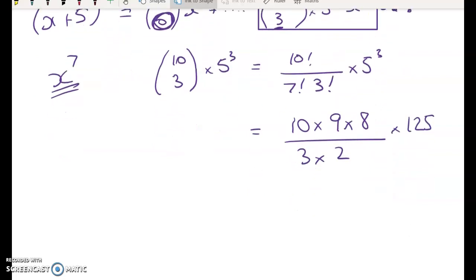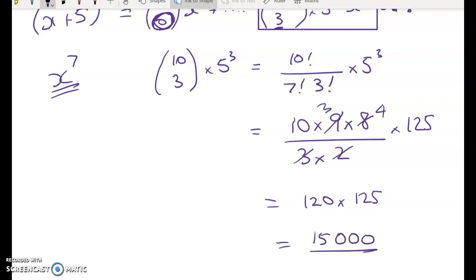So let's go through and clean this up. Well, we've got 3 here, we've got 4 here. So what have I got? I've got 120 times 125. And if you reach for your calculator on that, I'm just checking that that's right. I think that's right. You should get 15,000. Okay, so that's the coefficient for that term.